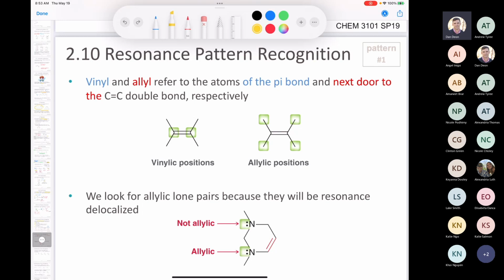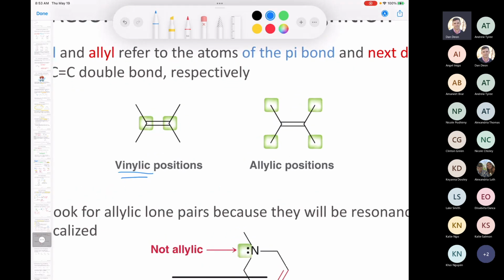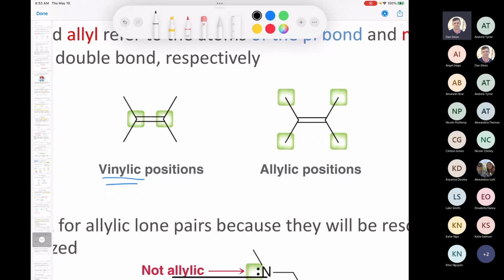When we're talking about vinylic positions, vinylic refers to the carbons that are involved in a pi bond. You see that we have a carbon here and a carbon here, so we call those vinylic positions or vinylic carbons. Once you go 1 atom away from the carbons that are in the double bond, so here's our 2 carbons of the double bond, you go 1 atom away, and any one of these carbons here, or any one of those positions, we call those allylic positions.